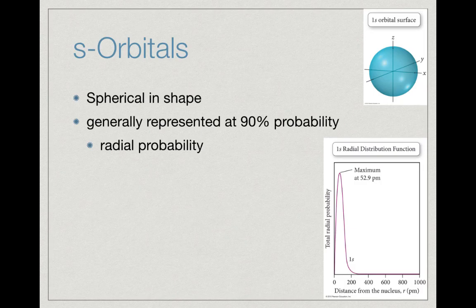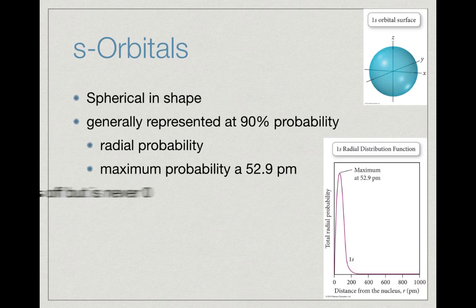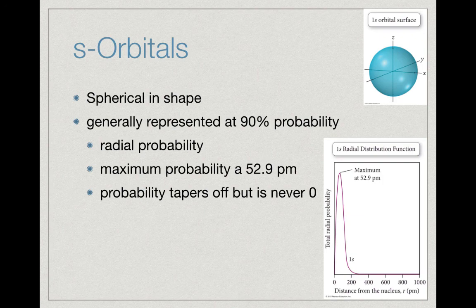It just gets really small very quickly as you get away from the nucleus. But we see in that graph that we've got a maximum probability at 52.9 picometers, and as I mentioned, that probability tapers off, but is never equal to 0. And that's true for any of our orbitals there.